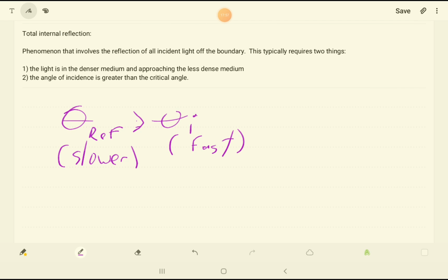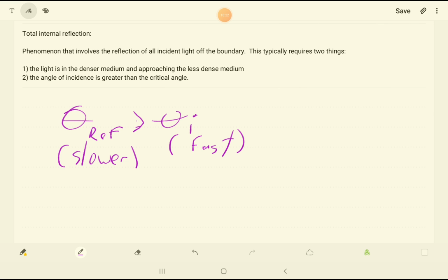So there are times where instead of getting refracted, your incident ray might get completely reflected back into the first medium. And when that happens, we say that it experiences total internal reflection. Now, for that to actually happen, you typically require two things.